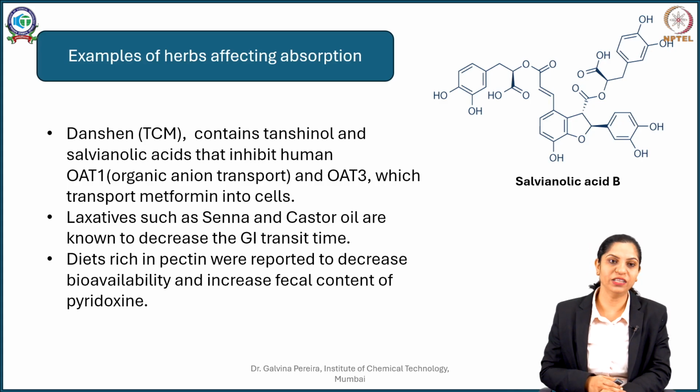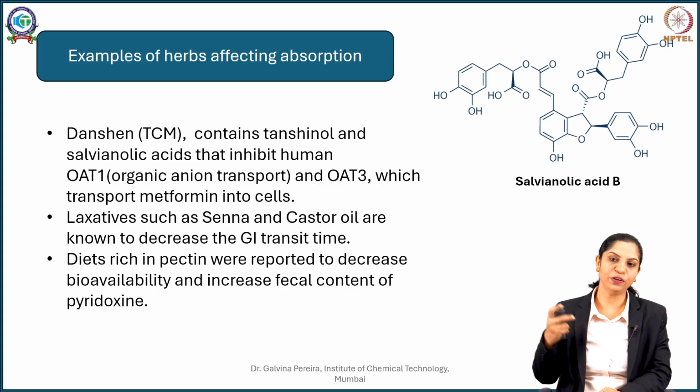Two good examples of this are the organic anion transporters OAT1 and OAT3. These are also involved in the transportation of the drug metformin, which is commonly prescribed for diabetic patients.